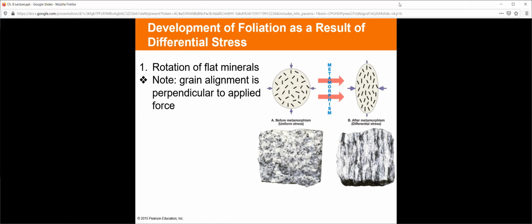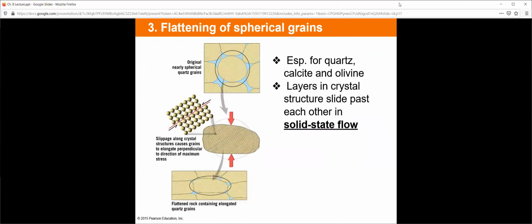It seems to have a preferred direction to the crystals and to the minerals in the rocks. That preferred direction we call foliation, right? It looks like something took that original rock and squeezed it and shoved things up and down. This process, as you can imagine, will flatten spherical grains because you're pushing on both sides. You push on the sides of the circle, you're going to get an oblate shape like that, right?